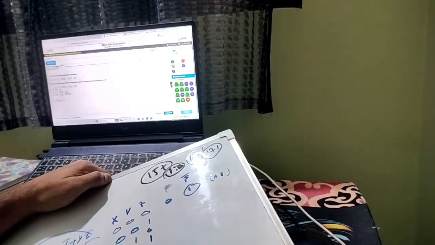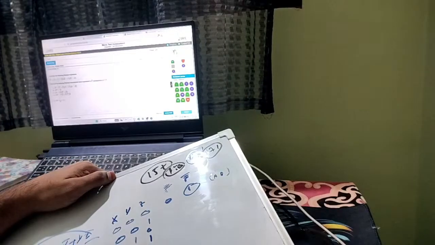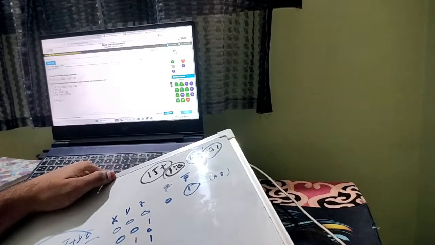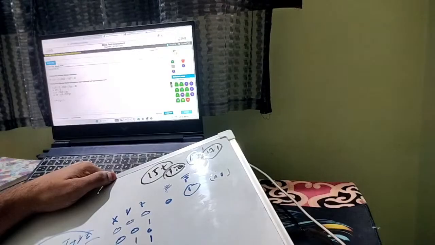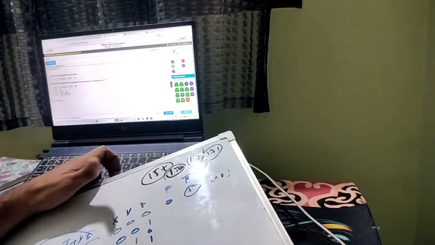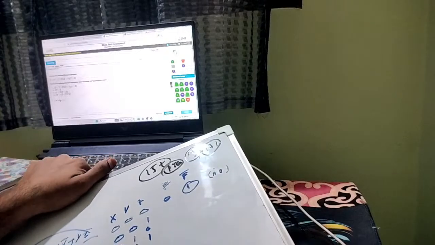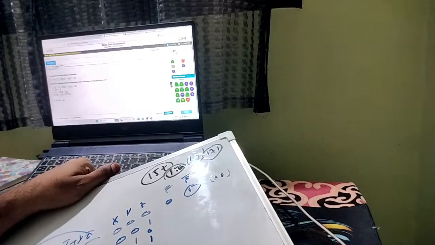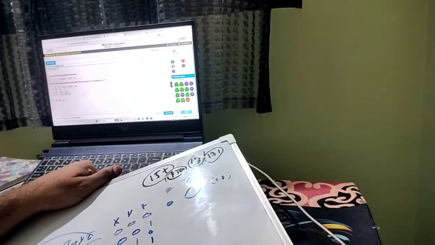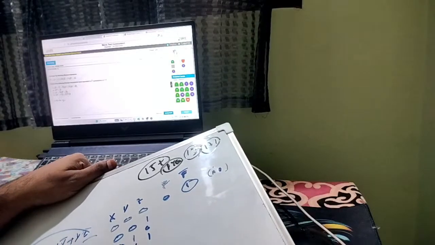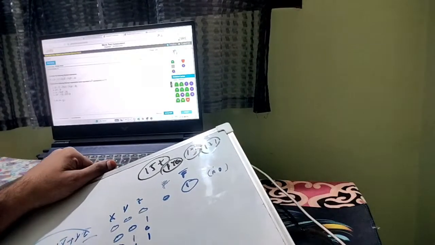Okay, same as what we can do. Take z bar as common and take x y bar. Yes, just as we can, take x y, x y z bar plus x y bar. Okay.